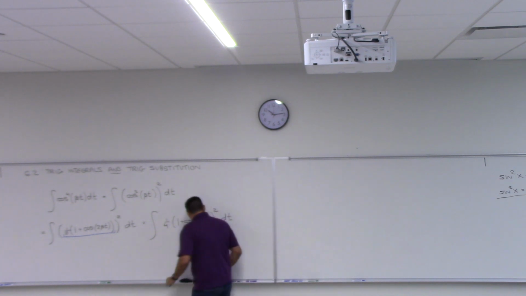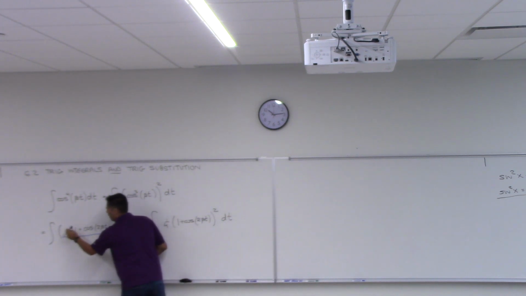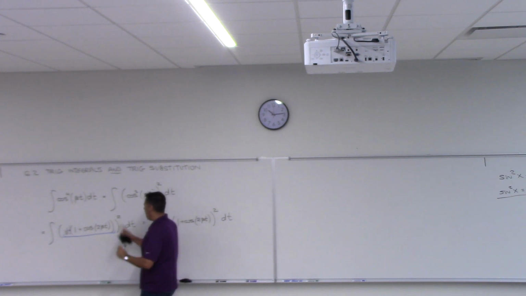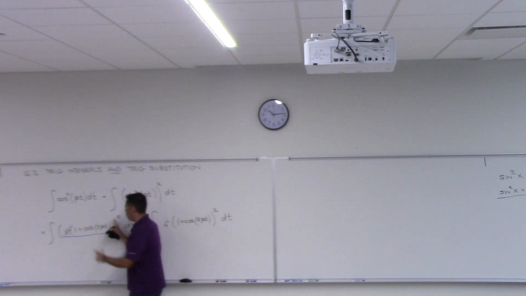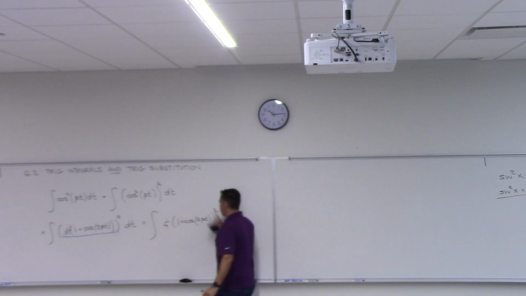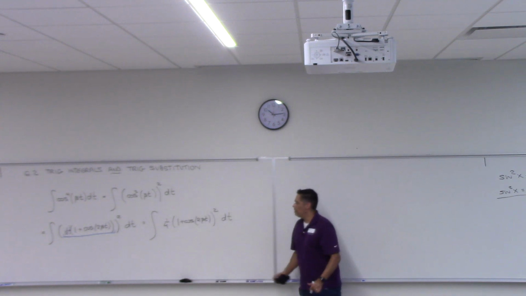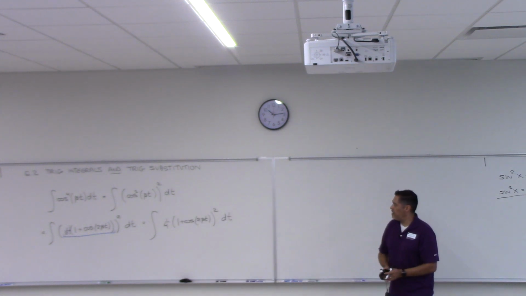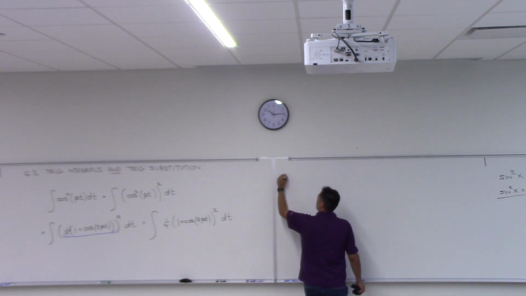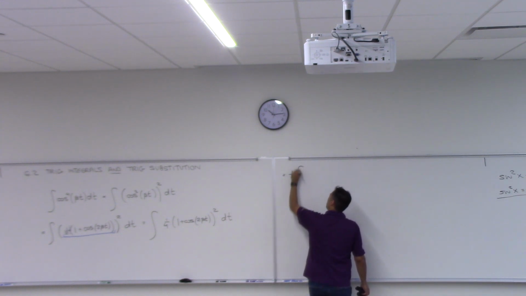Because we have multiplication right here, I can square this and then square this, and that's what I'm doing, squaring each one. Now the 1/4 comes out of the integral.